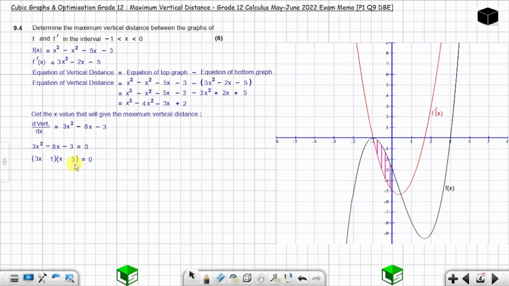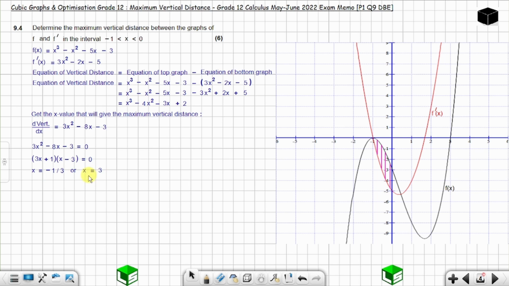You need to subtract, so you are going to have 1x, right? 1x minus 9x will give you minus 8x. So you are going to have plus there and minus. Okay, so x is equal to negative 1 over 3, or x is equal to 3.